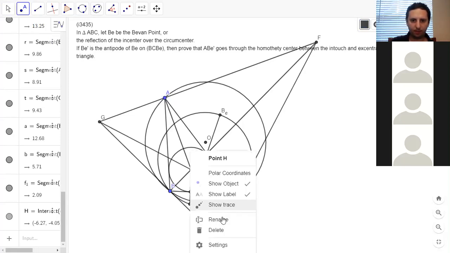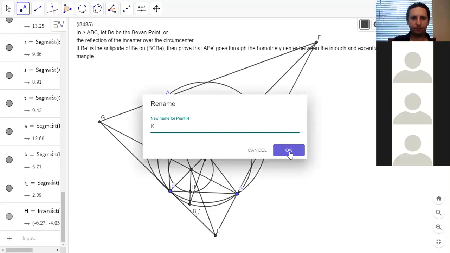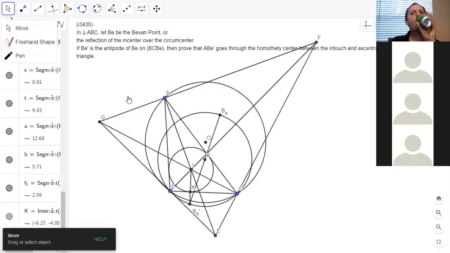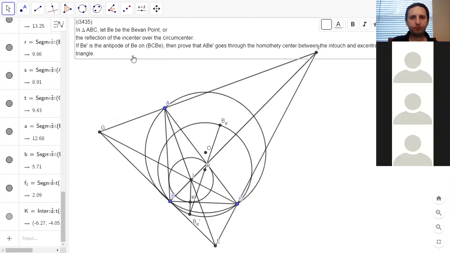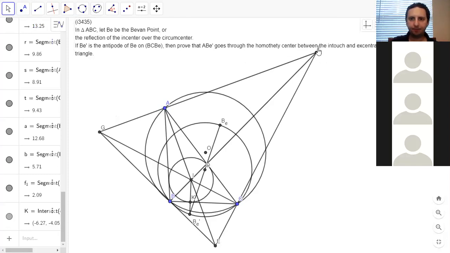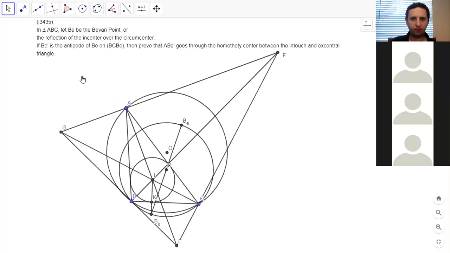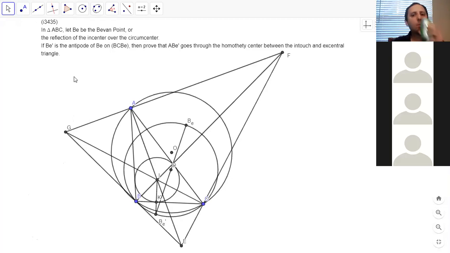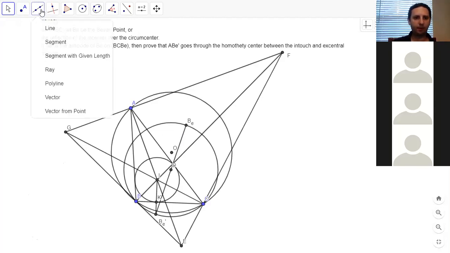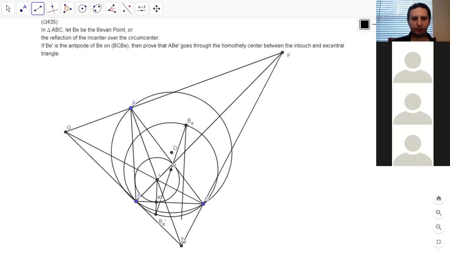Let's call this K. Close that. So worth drawing the excircles. So we know that the EBE is perpendicular to BC. We know that that's perpendicular and this is also perpendicular.